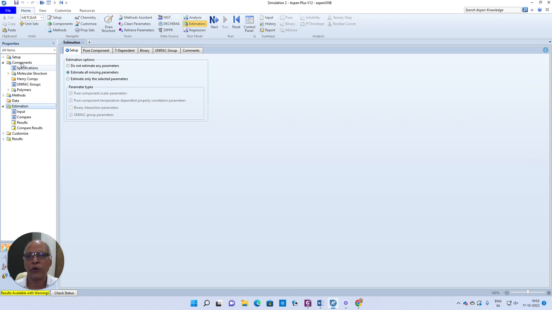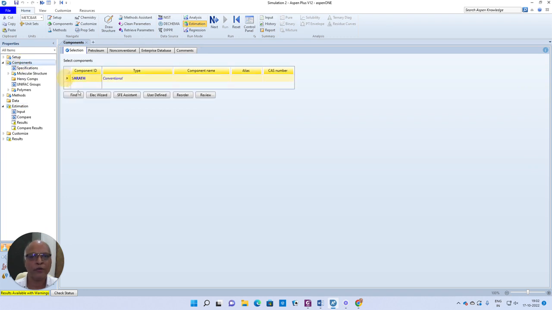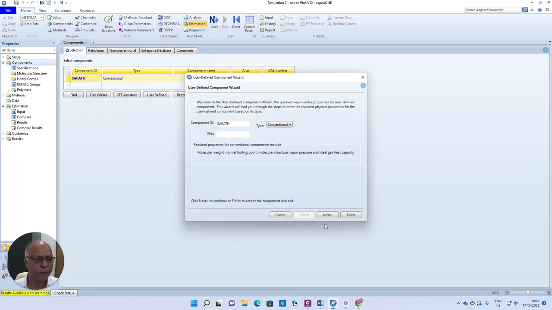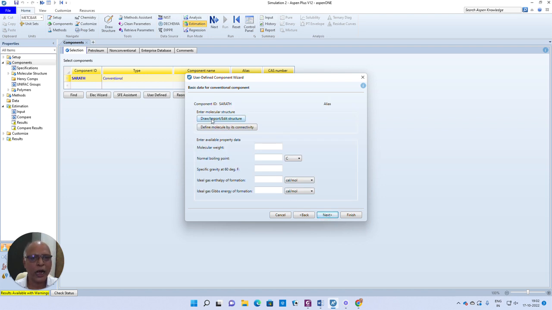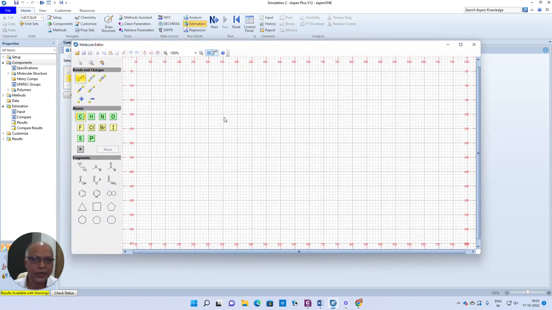I'll go back to the components, conventional, user defined, next. Now instead of defining the molecule by its connectivity, I'm selecting draw or import edit structure. In fact, ASPEN also provides some kind of a user interface to draw the molecular structure.